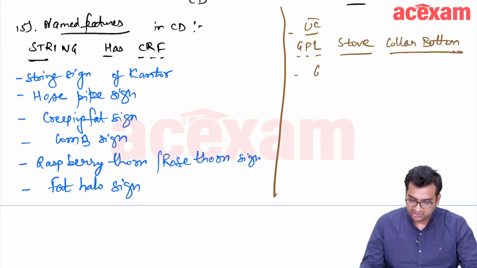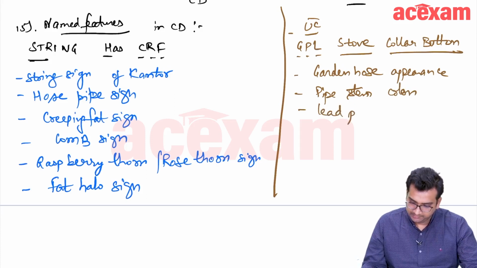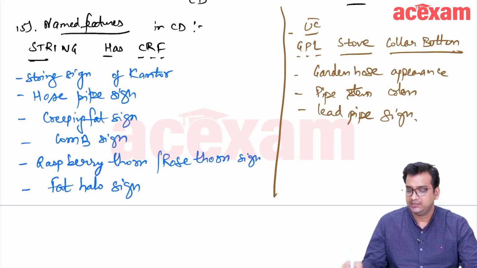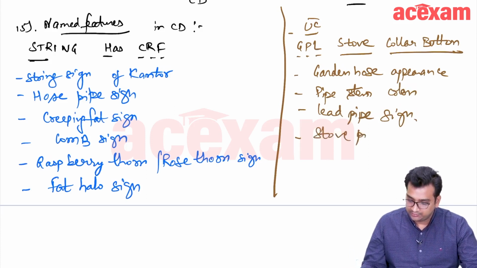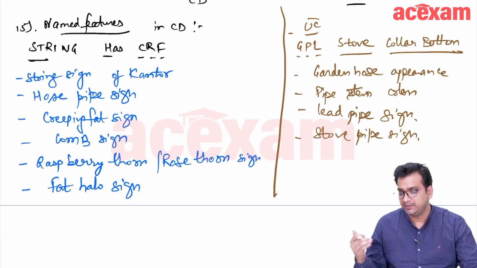G stands for garden hose appearance or garden hose sign. Then pipe stem colon, lead pipe sign. These three are the names for ahaustral colon. Now there are these four: this stove pipe sign also. These four are the names for ahaustral colon: garden hose appearance, pipe stem colon, lead pipe sign, and stove pipe sign.